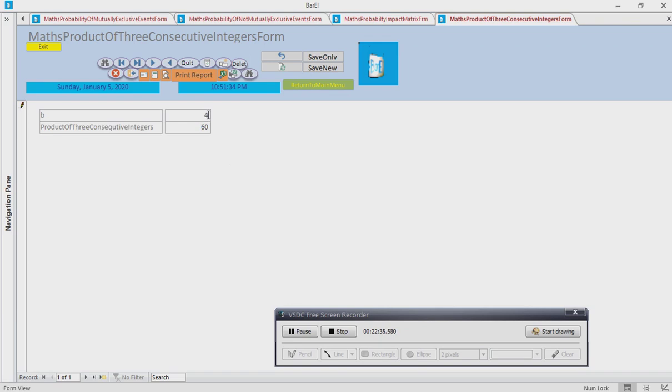Let us say n is 6. Then the product of 3 consecutive integers is 210.